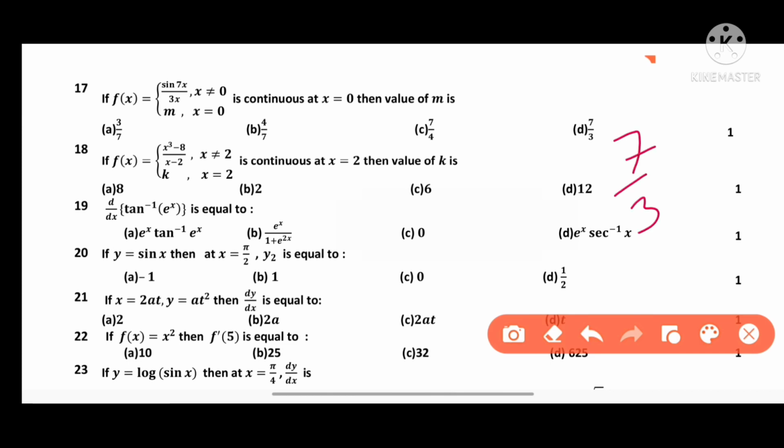Seven by 3 is answer, D option, because rest limit is equal to 1 and answer is 7 by 3.